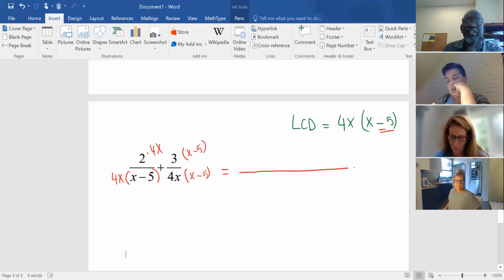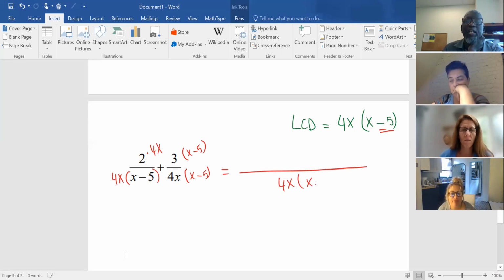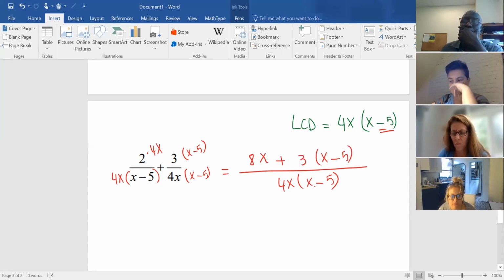So then we get a single fraction where we have 4x times x minus 5 as the denominator, right? And then we have here 8x plus 3 times x minus 5. Now what you have left to do is just distribute and do some simplifying, right?